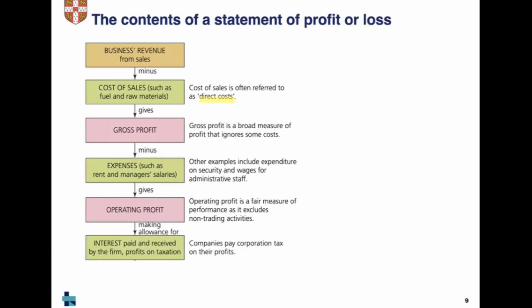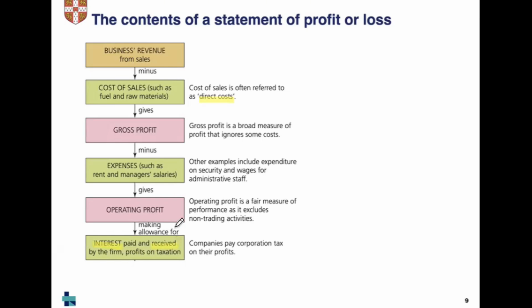The next stage is to deduct any interest that the business pays or any interest that the business receives. Like I cited in a previous example, if we have some cash that we are not using and we decide to buy treasury bills or put that money in a bank, it is not our main business.